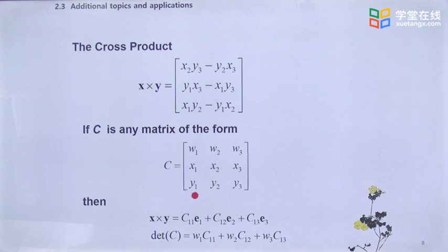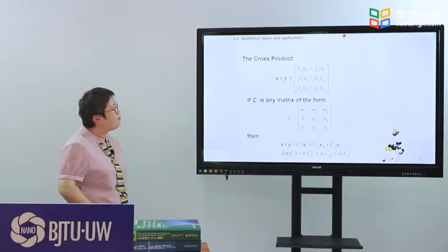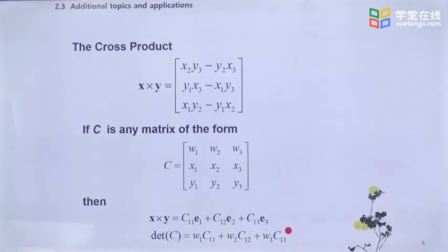This determinant equals 0 means x1 times the first component of this cross product plus x2 times the second component plus x3 times the third component of this cross product equals 0.